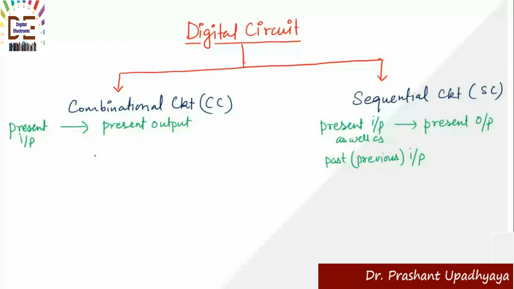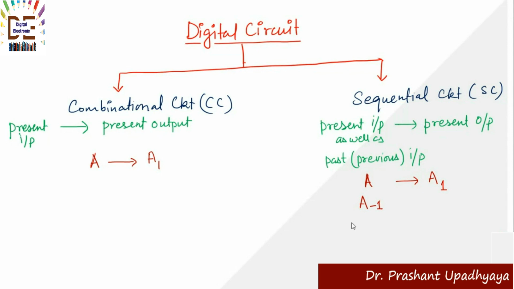Suppose my present input is A and my present output is, let's say, A1. I can get the present output A1, and this output can also depend on A minus 1. Are you getting this point?